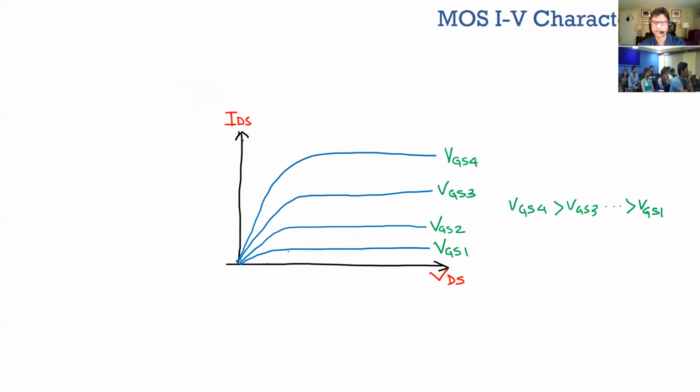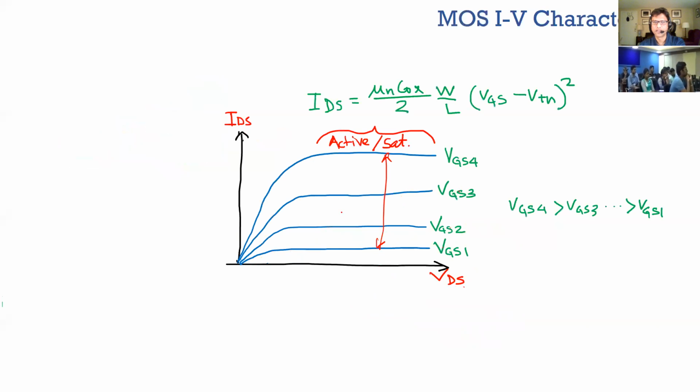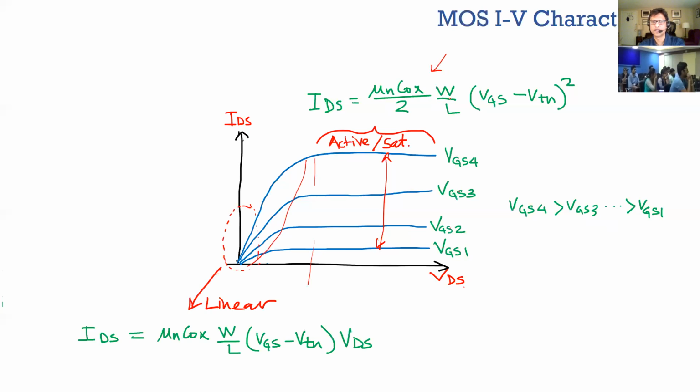So this is sort of the complete characteristics of it. You can see that as your VGS is increased, the total current going through it is also increasing. That's the drain to source current, and this axis is the drain to source voltage. So as you increase the drain to source voltage greater than VDsat, which is this region here, the transistor goes to what's called the active or the saturation region, where your current equation is given by this equation here.